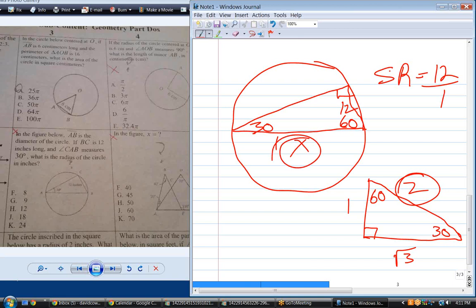It's 24. So the diameter is 24. What's the radius? 12. That's the answer.